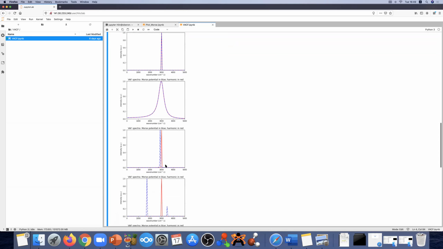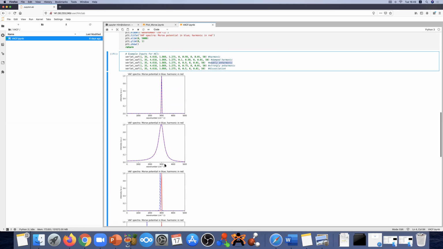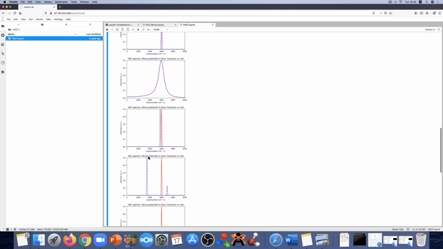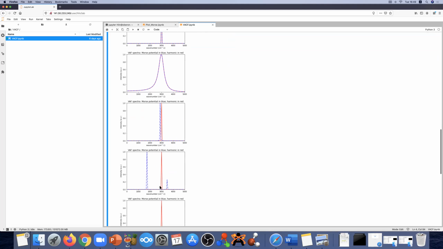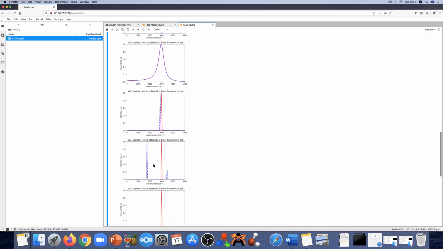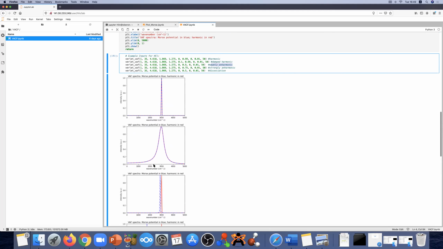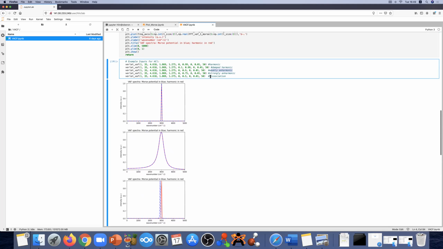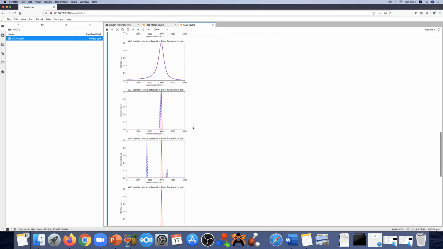And in strong anharmonicity, you can see we have two peaks separated here in the Morse potential. And the last one is the case for dissociation.